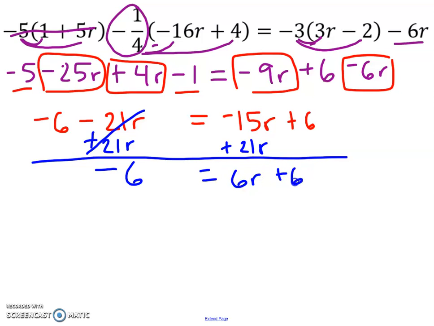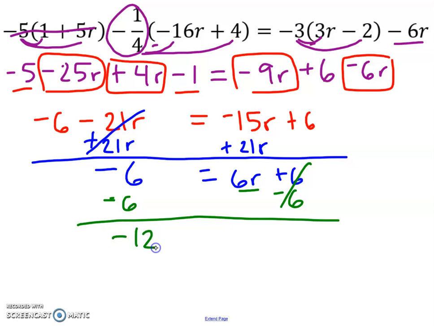And we have the positive 6. And now we want to move that constant over because we have our variable here. So let's zero out. Remember, it should be 0 when you put those together. If it's not 0, you're not doing it right. Okay. All right, negative 6 and negative 6 is negative 12 equals, we're left with 6r because that's zeroed out.